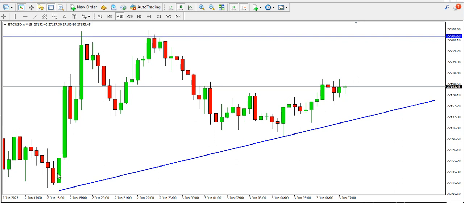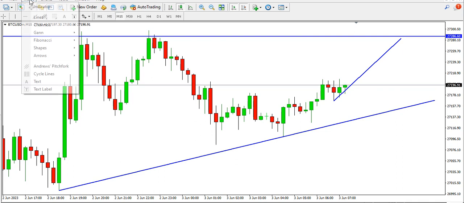We have a low, a high, a higher low, a higher high, a lower low, a high, a higher low, a higher high. So price is gradually rising up. We might be seeing price appreciate towards this direction for Bitcoin on the 15-minute time frame.